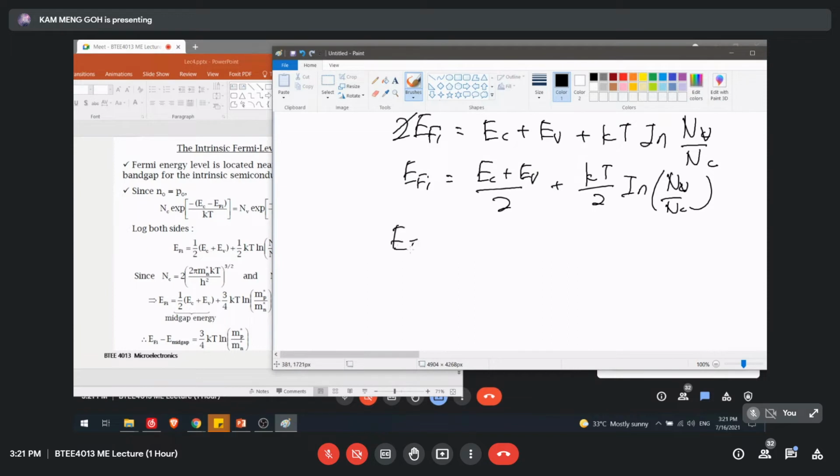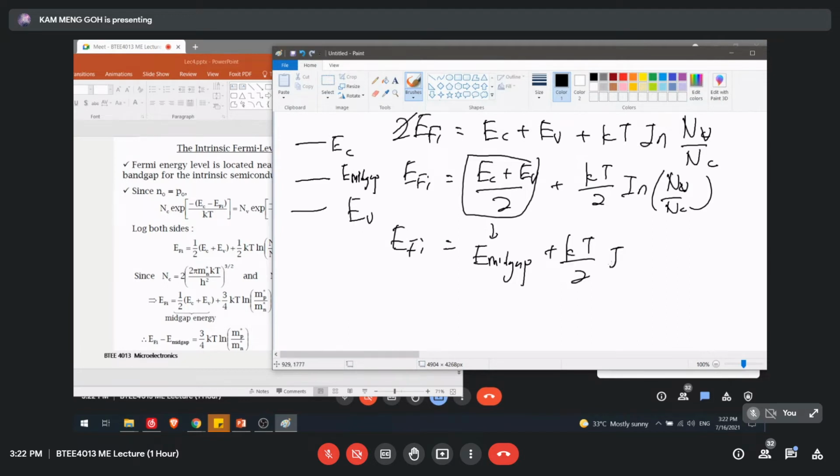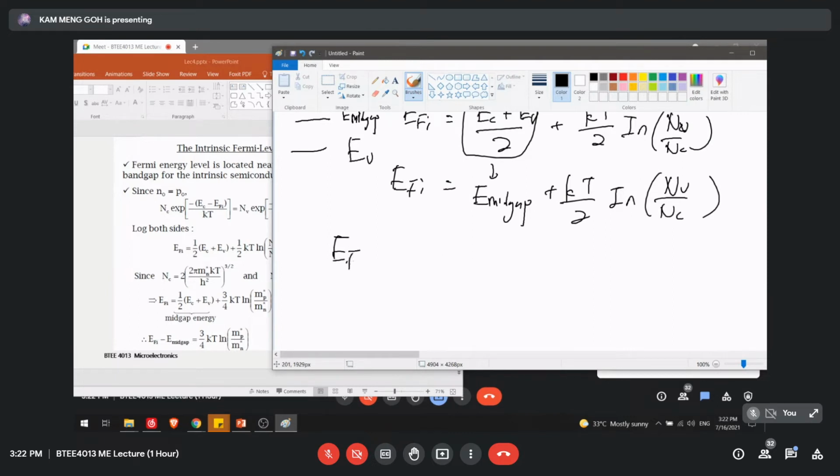And then EFI, this one will be equal to E mid gap, which means that between EC and EV, in between we draw as a mid gap, plus kT over 2 ln NV over NC. Okay, and then EFI minus E mid gap will be equal to kT over 2 ln NV over NC.